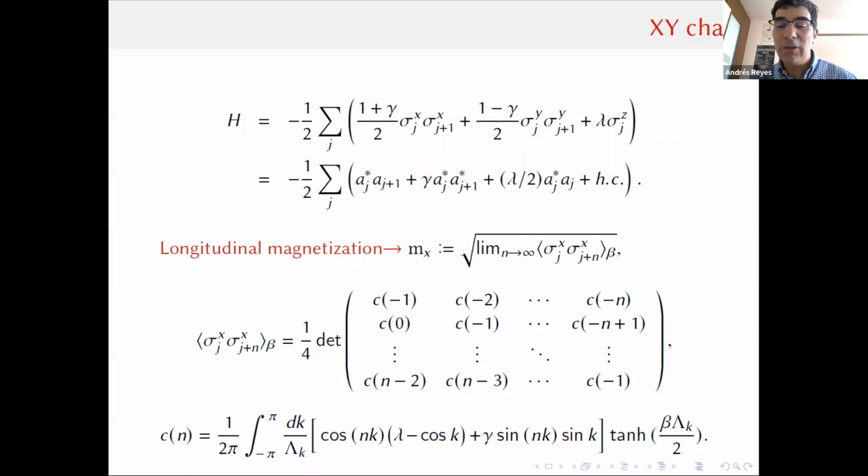Now, using geometric phases, one can recover the value of the invariant at 0 temperature, but then one can have something else when the temperature is not 0. So this is why I am mentioning this magnetization.